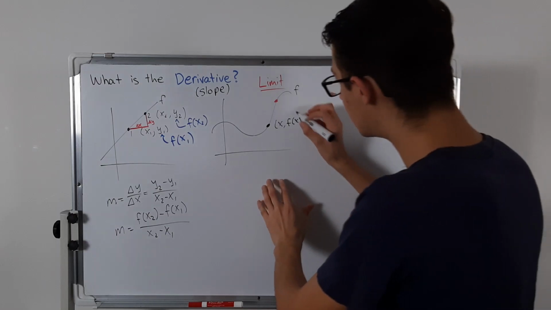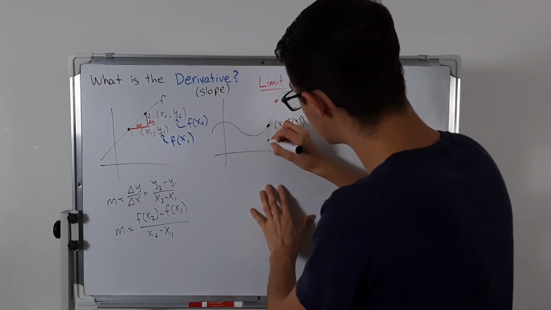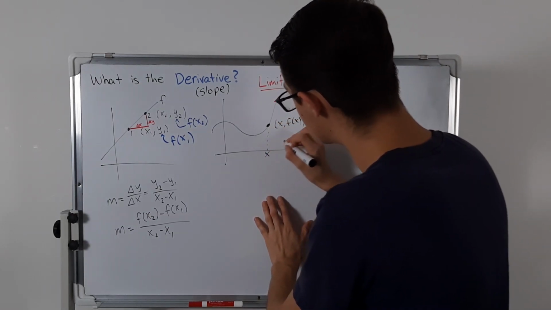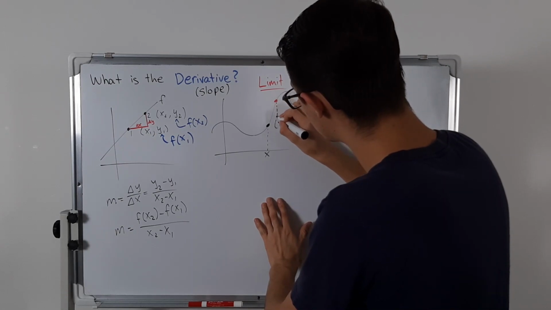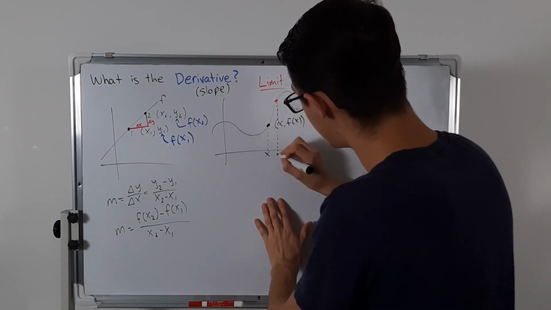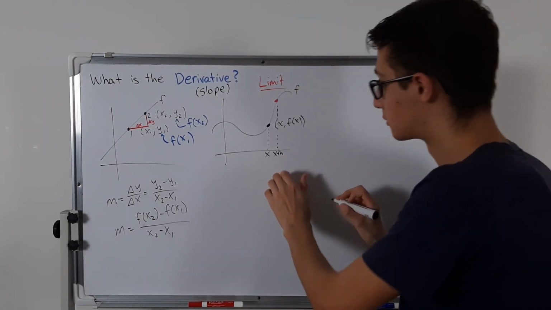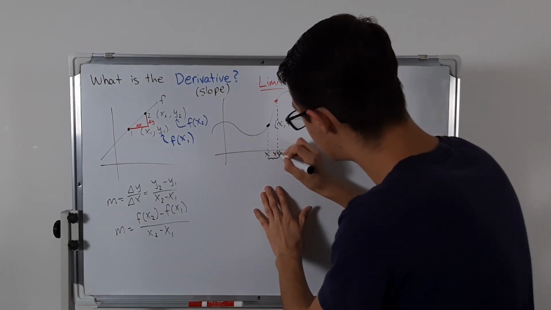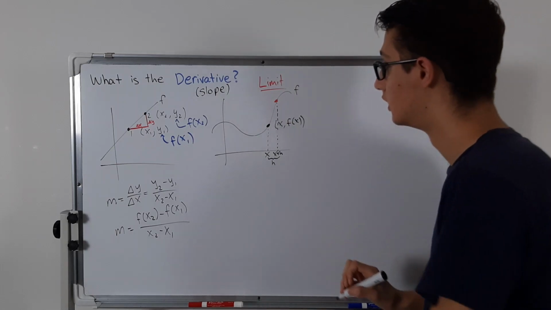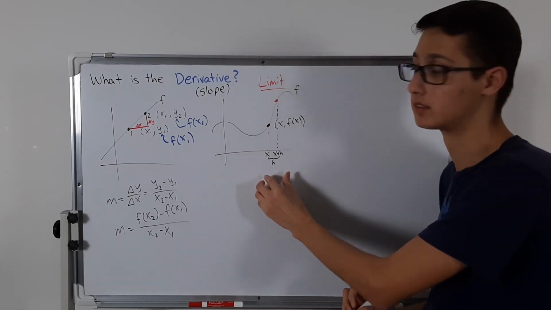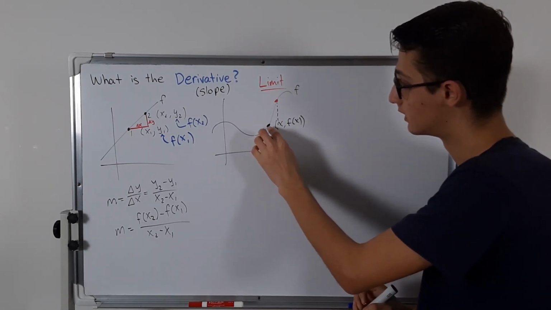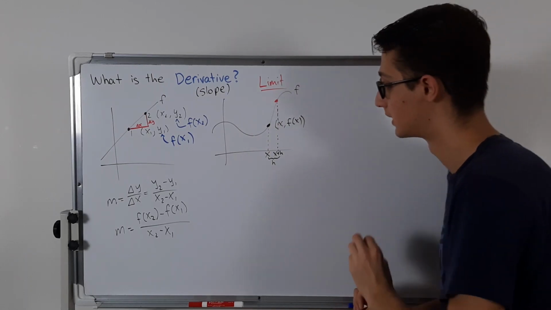We have this x, and then we're going to go down here and say this is x plus h. So that x coordinate is x plus h, where this difference here is h. So h just represents the difference between the 2 x values, okay?